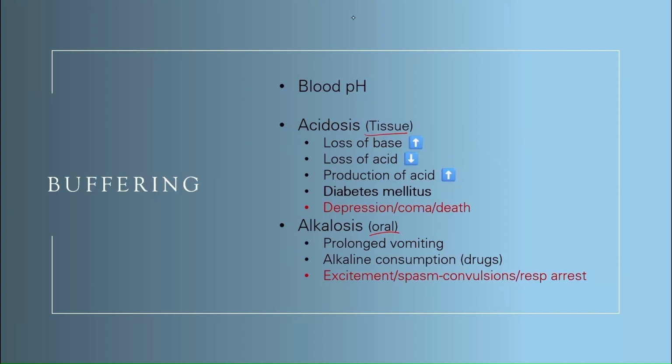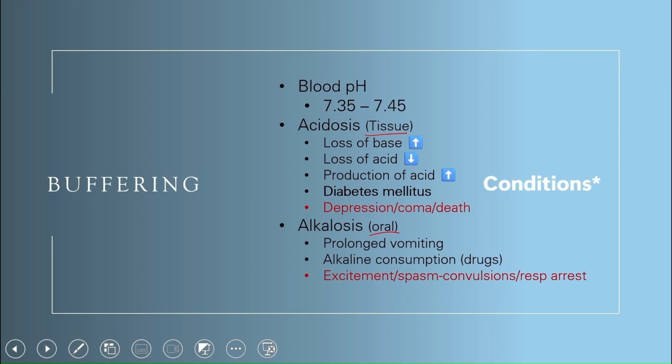Okay, next up we have blood pH. Blood is one of the most important fluids in your body that needs a constant pH, right? So what is that range of pH going to be? 7.35 to 7.45. And acidosis and alkalosis are the resulting diseases when the pH goes below or above the normal range.